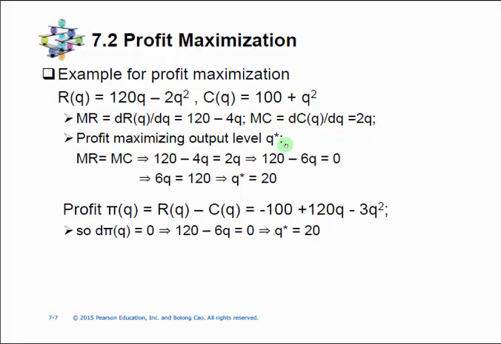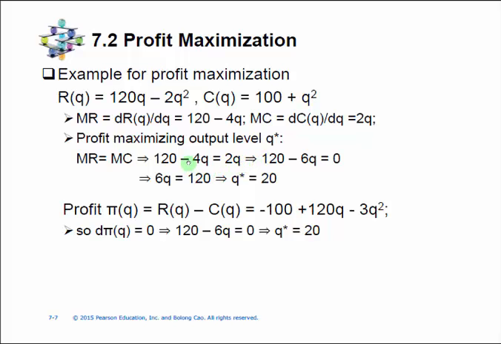We want to have the maximized profit. We want to know what the Q star is. If we produce at Q star, we can maximize our profit. So equate the marginal revenue to the marginal cost. We have 120 minus 4Q equal to 2Q.